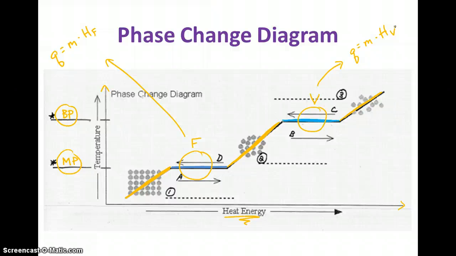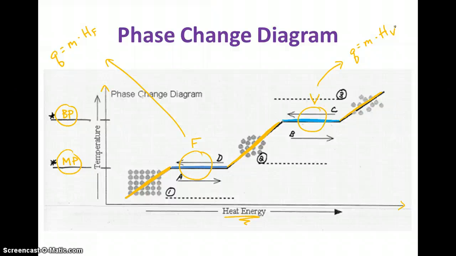Whereas heat of vaporization is how much energy it takes to get us from liquid to gas, and how much energy is released as we go from gas to liquid. And just like specific heat, that is in terms of 1 gram of a substance, which is why the equation requires us to multiply the heat of fusion by mass, or the heat of vaporization by mass.